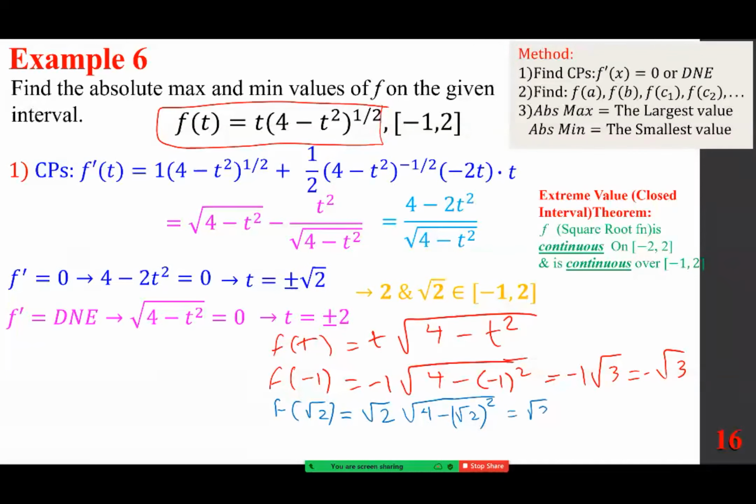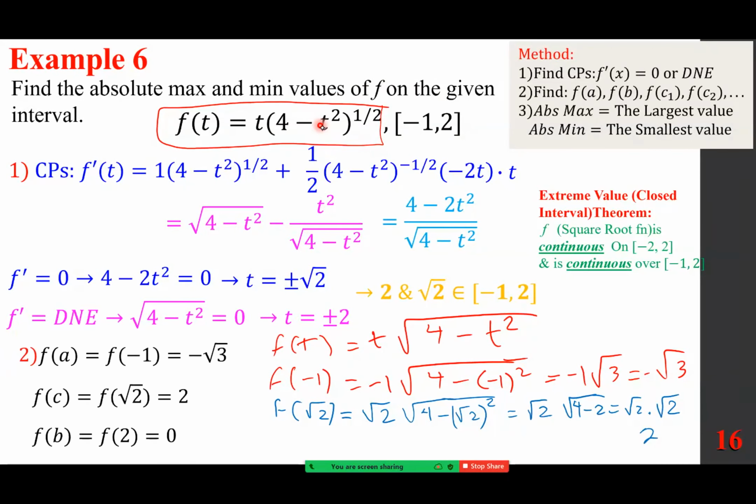So this is square root of 2, and this is 4 minus 2, which makes it square root of 2 times square root of 2, which makes it 2. So we calculated 2 of it. The last one is number 2. If you plug in 2 here, I hope you realize it becomes 4. 4 minus 4 is 0. So it's 2 times 0 to the power of 1/2. 2 makes the statement 0.